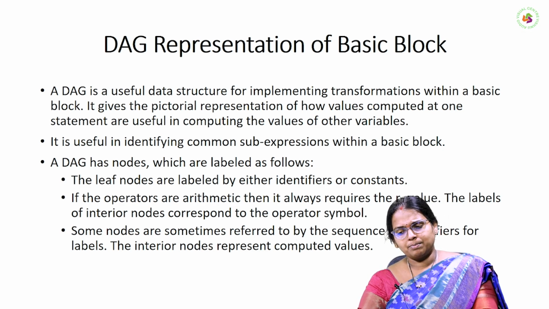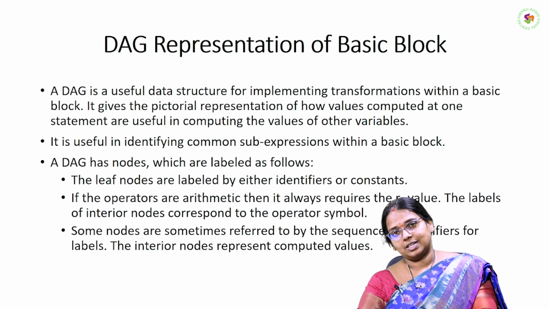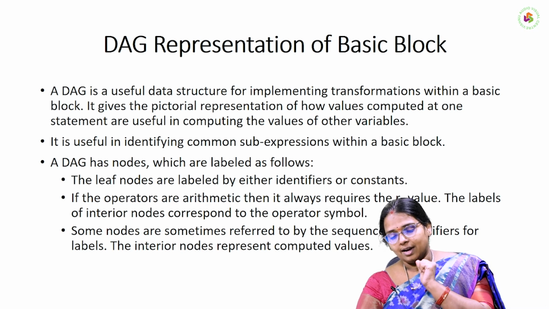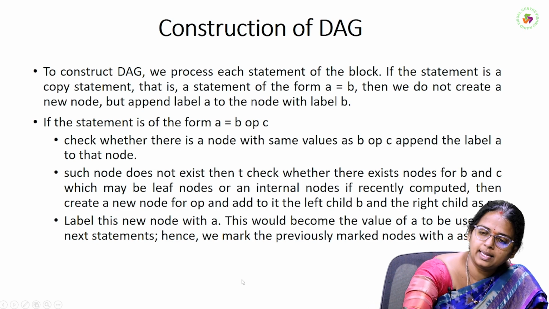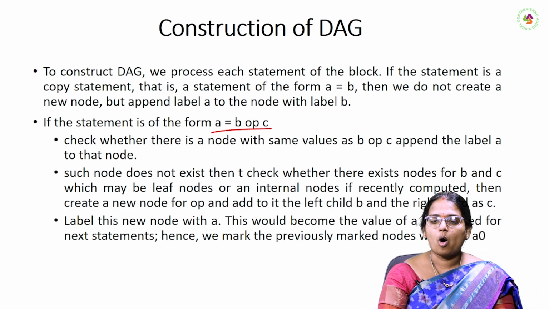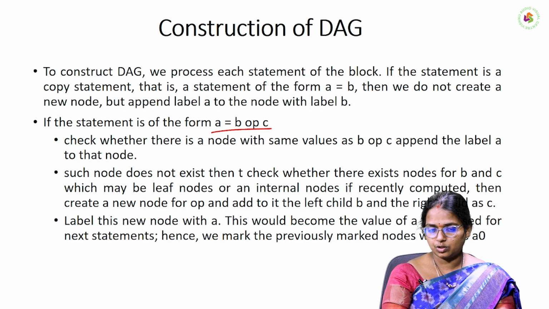Some nodes are sometimes labeled with a sequence of identifiers. The interior nodes represent the computed values. For example, we have one statement: A equals B operator C. Now we will draw a DAG for this statement.